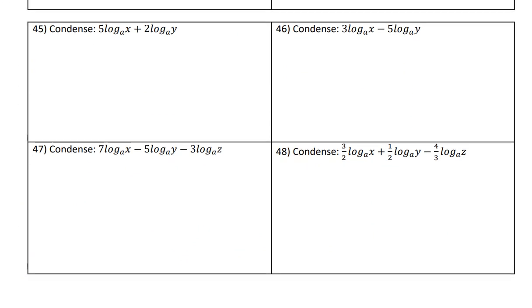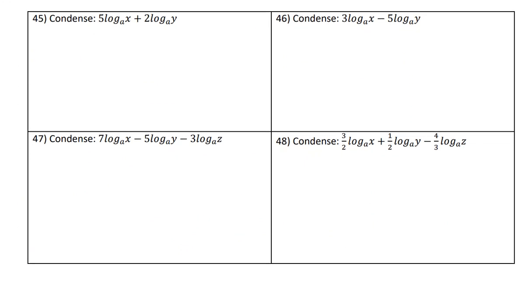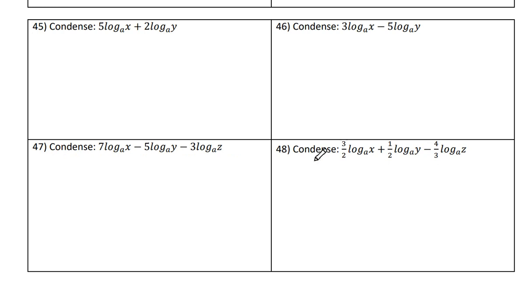Alright, and pretty sure this is the last thing. Let's do number 48. I'll leave these for you. 48 is much more difficult. These all are going to come in as exponents, but I made these tricky exponents.